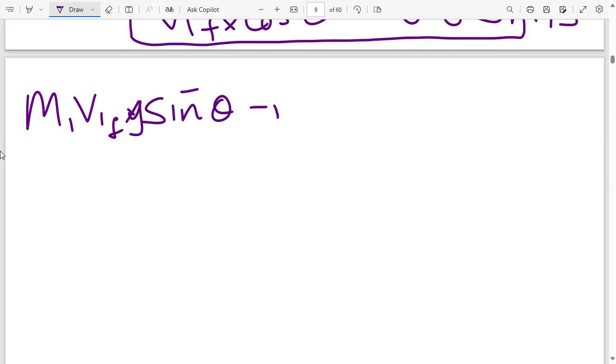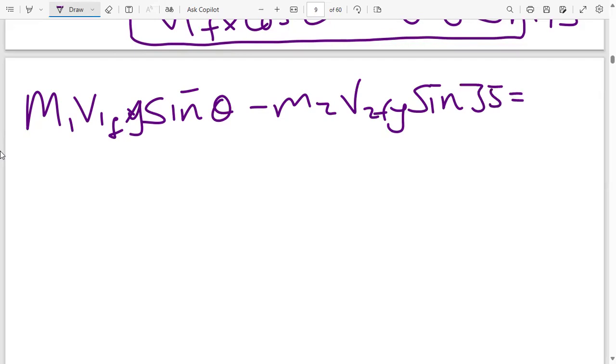So it will be minus m2 v2 final in the y, sine 35. This will be equal to the initial momentum in the y.